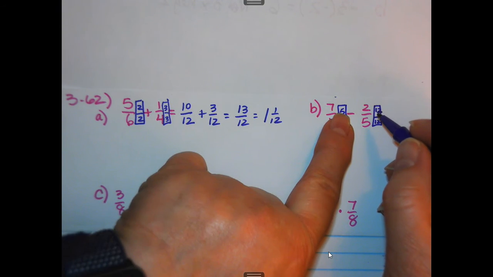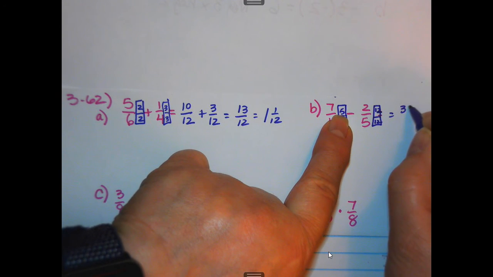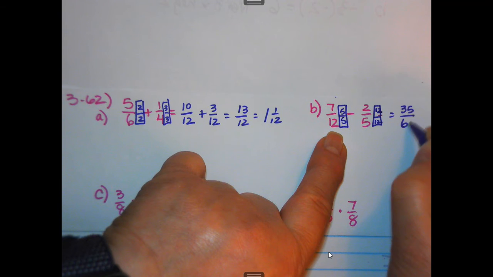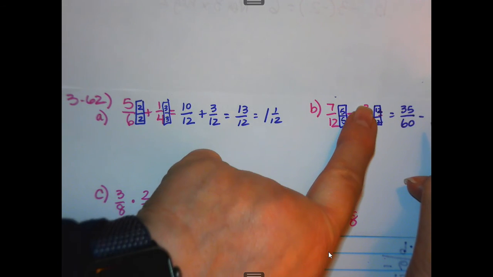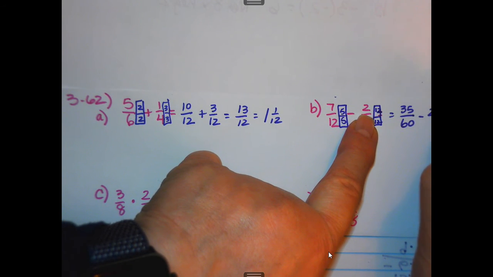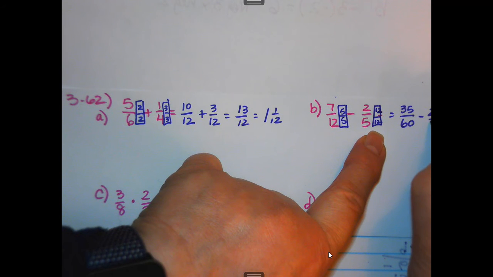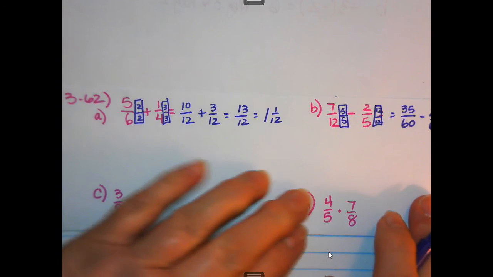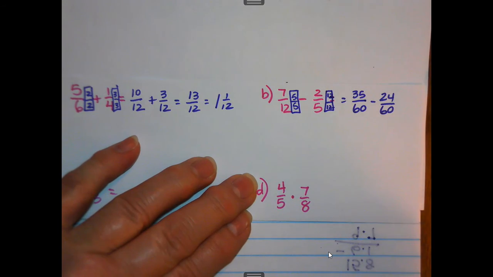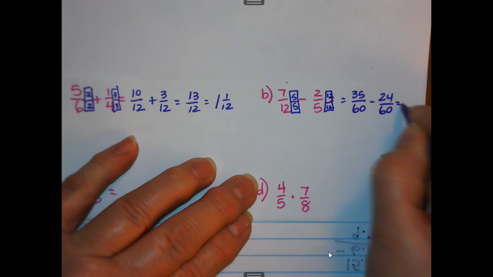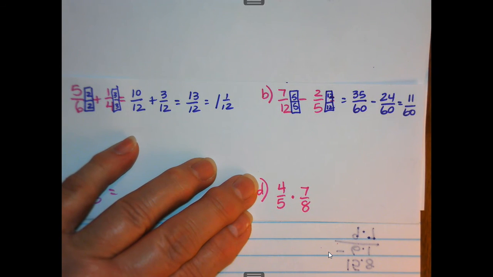And this would become 35 over 60, subtract. This would become 24 over 60. And I know you can't see that very well, so let's move it over a little bit. And our answer is going to be 11 over 60.